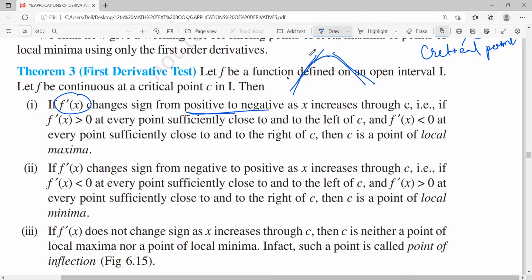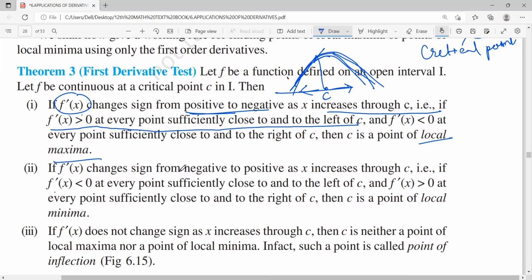Positive means increasing. f'(x) greater than 0 means increasing. Increasing, then decreasing. That means what? Through c, f'(x) is greater than 0 at every point sufficiently close to and left side of c, increasing. Sufficiently close to c on the right side, decreasing. Increasing and then decreasing means it will have local maxima.